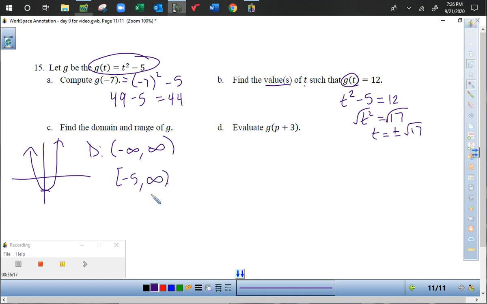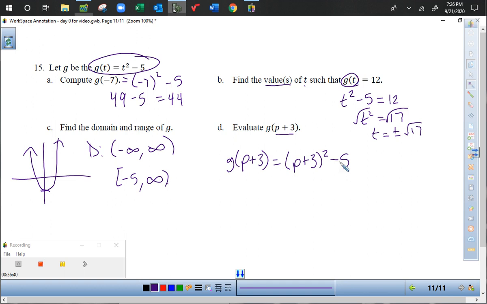Last thing here, okay, it's very similar to what you did with part A, except you're using a variable. Everywhere we see a t, we're putting p plus 3 instead. So I'm going to go ahead and keep this function notation here. And that would look like p plus 3 squared, and then minus 5.